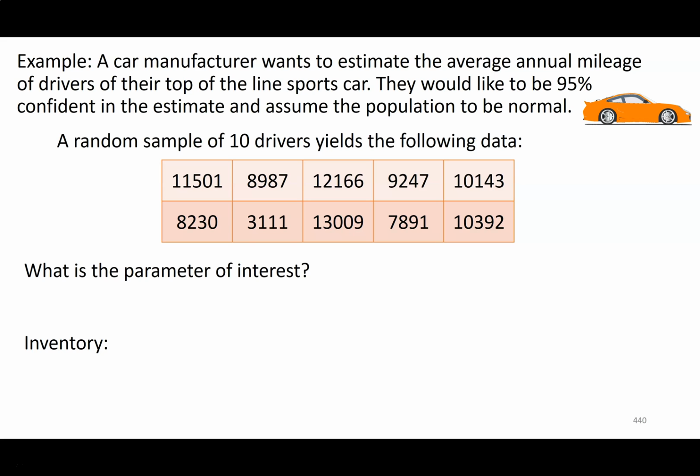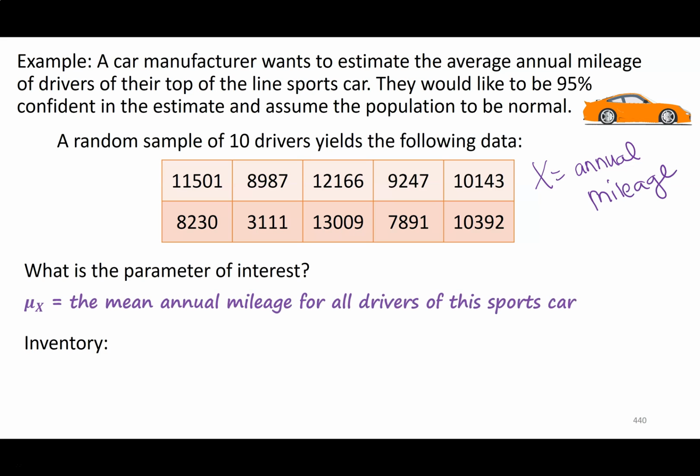My parameter of interest: x is the variable we're collecting. That's just annual mileage, specifically in one particular year for these drivers of this car. Notation-wise, mu x. Parameter should always make us think, this is probably a Greek letter.